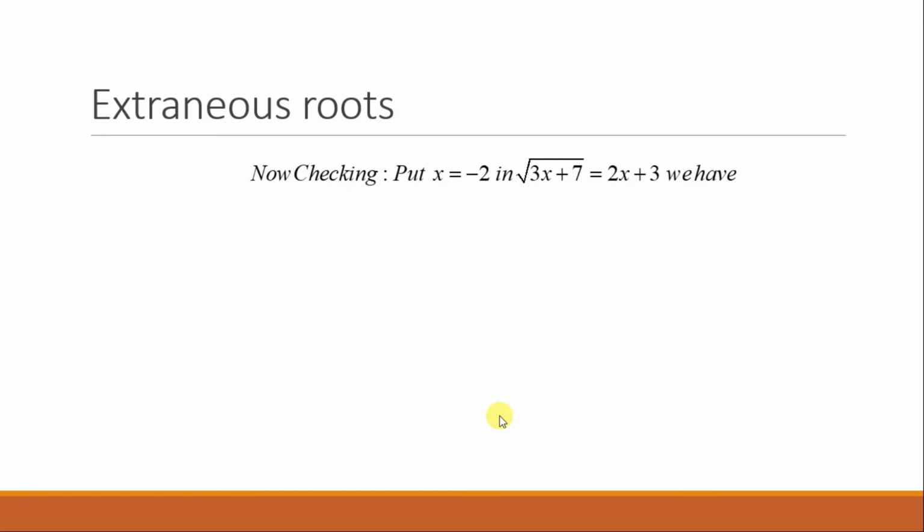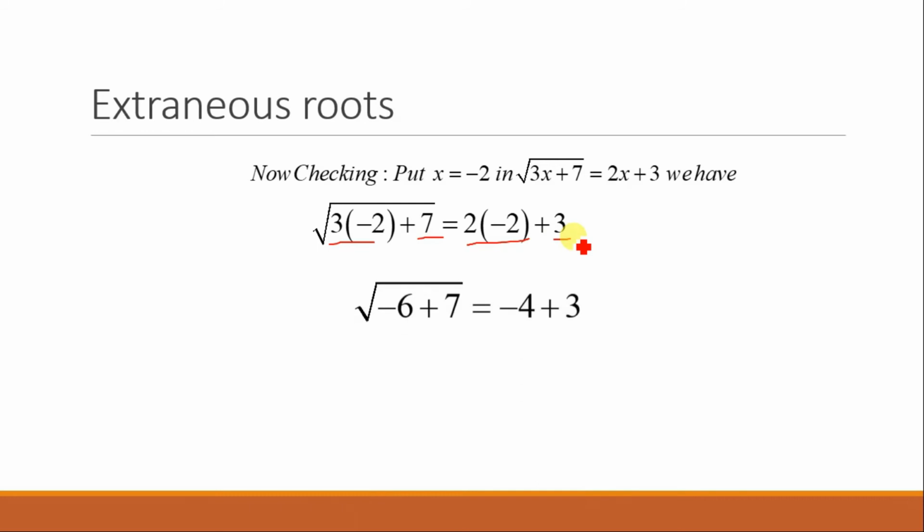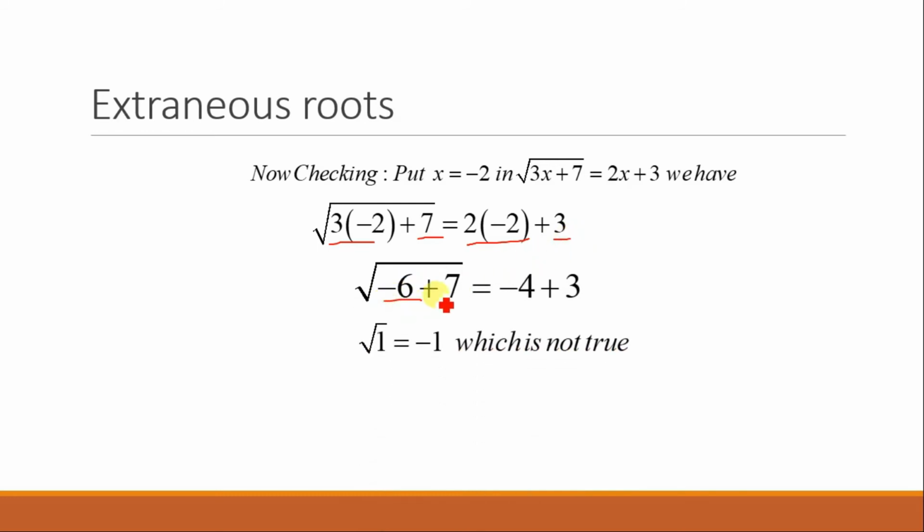Now we shall check whether x equal to -2 is an extraneous root or not. We shall replace x by -2, and we get square root of (3 into -2 + 7) is equal to 2 into -2 + 3, or -6 + 7 equals -4 + 3. -6 + 7 equals plus 1, and -4 + 3 is equal to -1, which is not true, as the square root of 1 is not equal to -1.